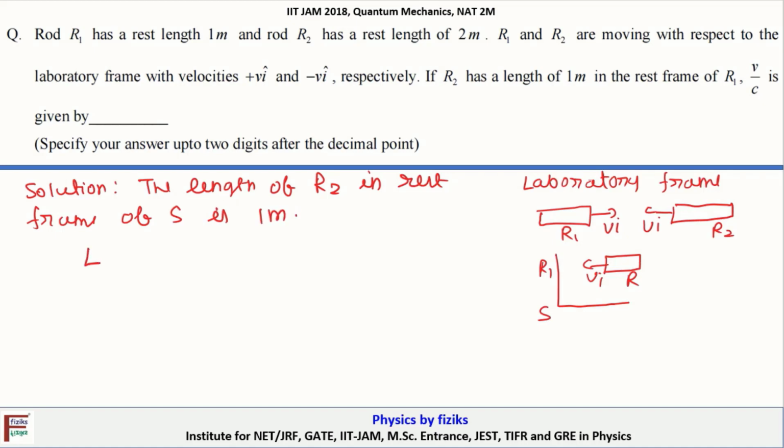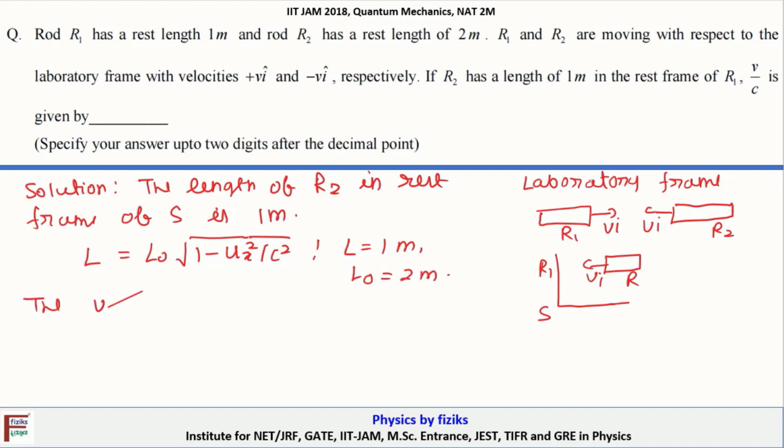So we can say L is equals to L naught into root of 1 minus ux square by c square, where L is equals to 1 meter and L naught is equals to 2 meter.